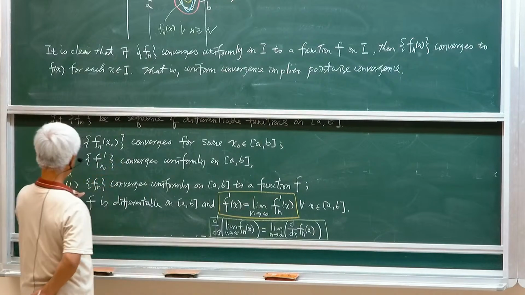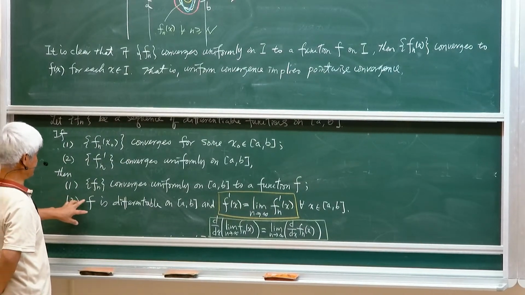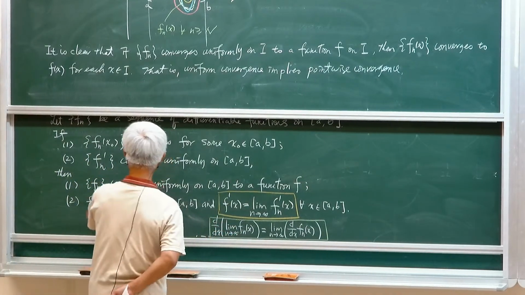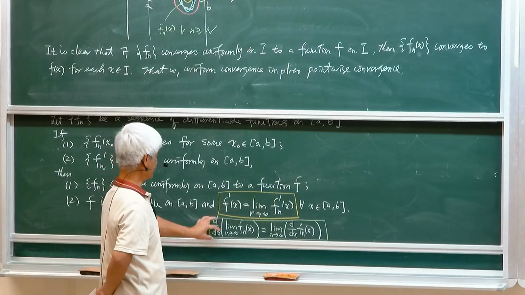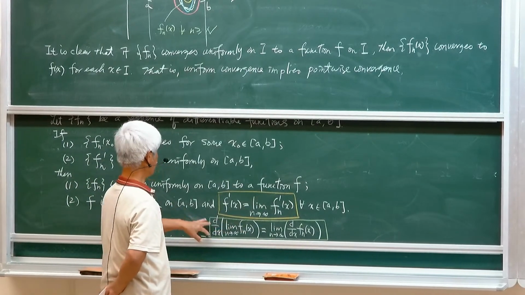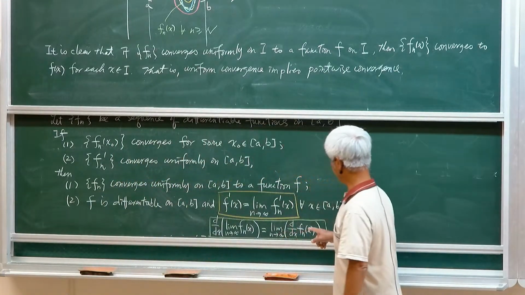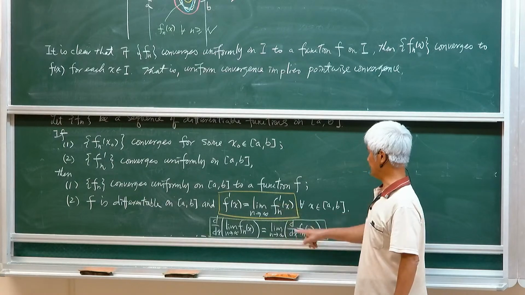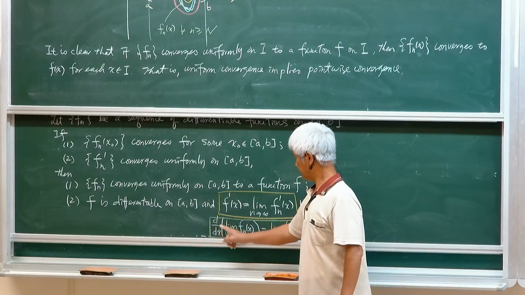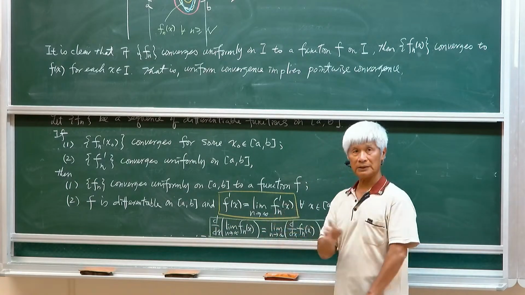The second result says that this limiting function is differentiable, and the derivative is equal to the limit of the derivative of f sub n. So you can exchange the differentiation operation with the limiting process; you can exchange the order of them.